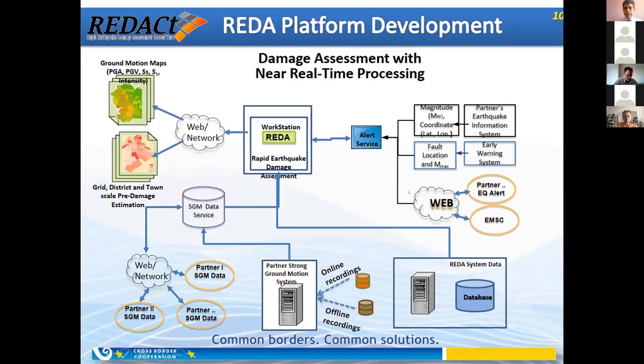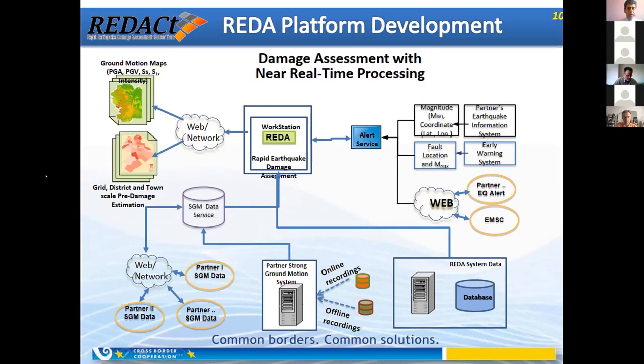So once the information is gathered, the REDA platform damage assessment model will work, and the outputs of the ground motion maps, the hazard maps, and the risk maps will be produced.